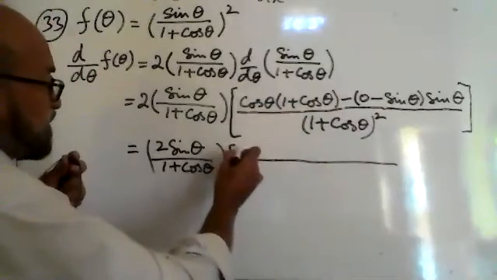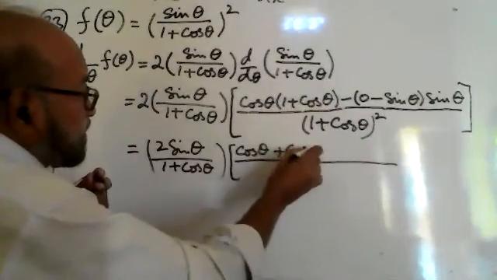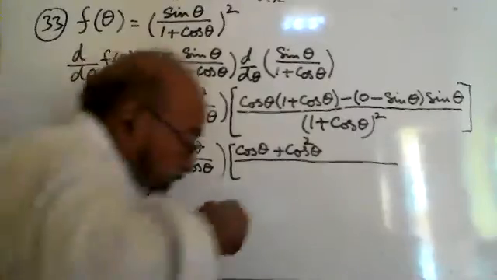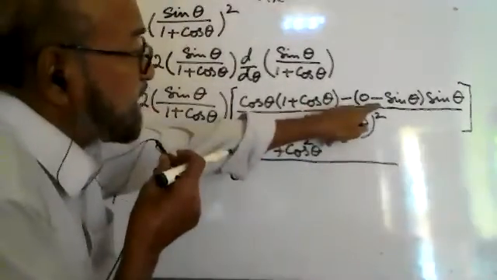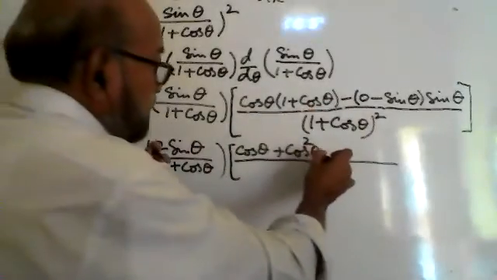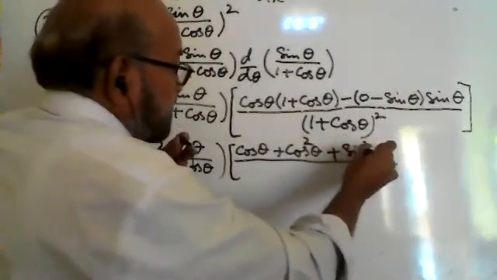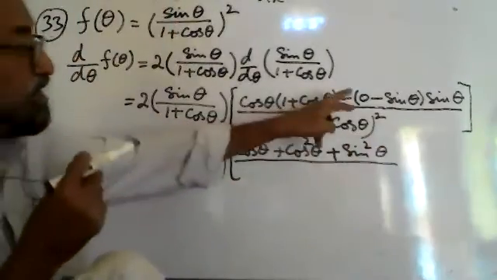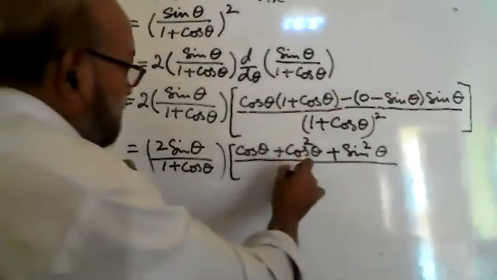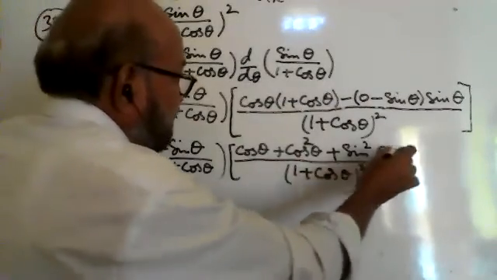It will become cos theta plus cos square theta. 0 minus sine theta will be minus sine theta. Minus minus plus. Sine theta into sine theta will be sine square theta upon 1 plus cos theta whole square.